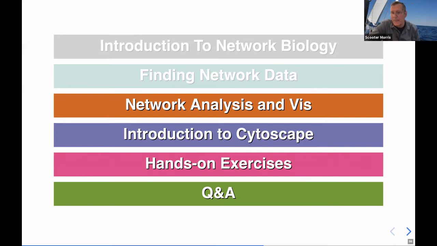The String App will allow you to bring down very, very large networks. In fact, if you're patient, there's a button that will allow you to load the whole genome for a species as a network. I don't recommend doing that, but you can.